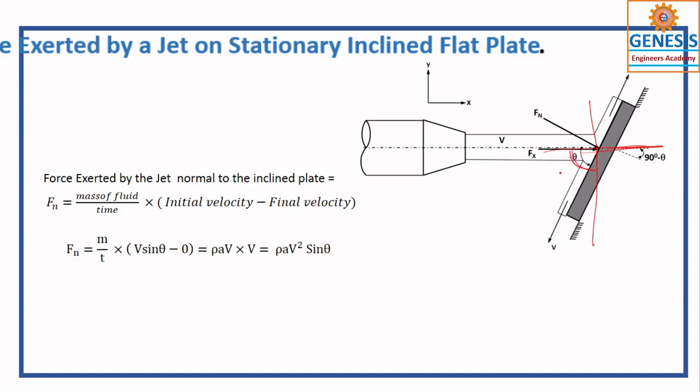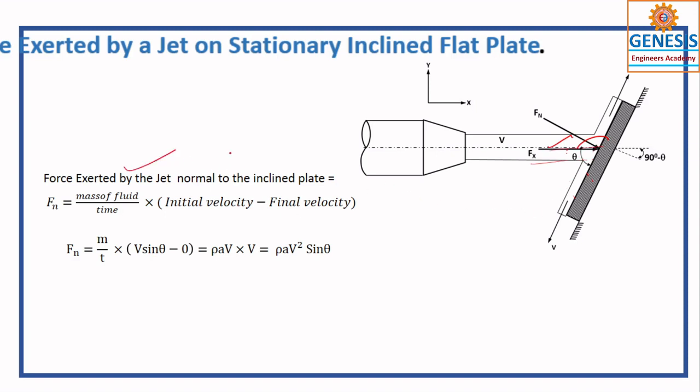You have to take all the times that theta is the angle between the direction of the fluid with the plane. Direction of the fluid with the plane. Okay. So if you take that one, it becomes 90 minus theta. So that is very important. I have to take this one.